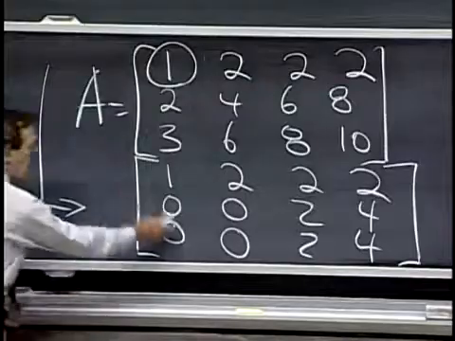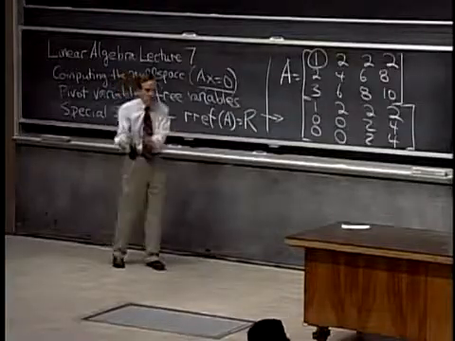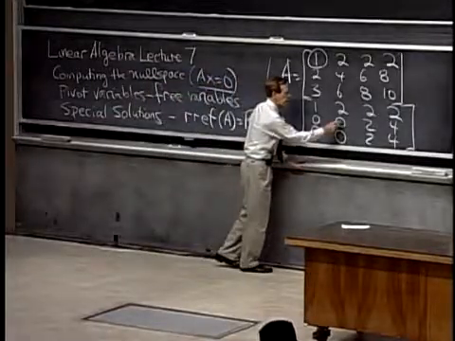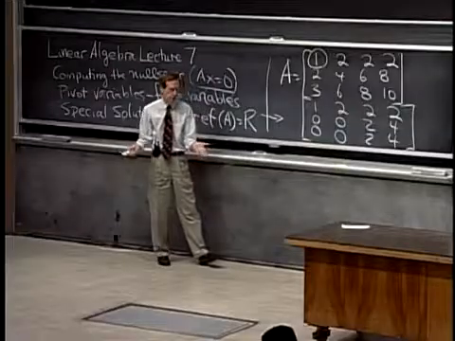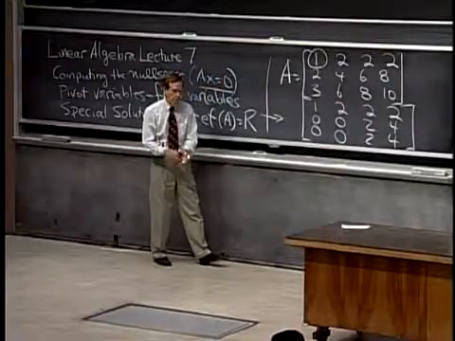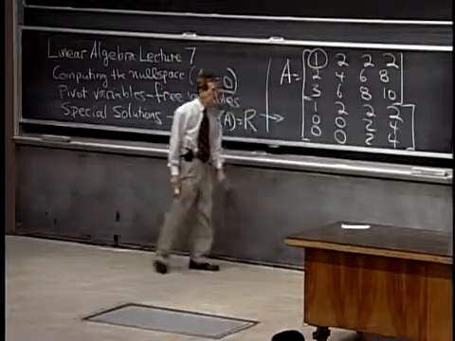I've got the first column straight. So, of course, I move on to the second column. I look in that position. I see a 0. I look below it, hoping for a non-zero that I can do a row exchange, but it's 0 below.